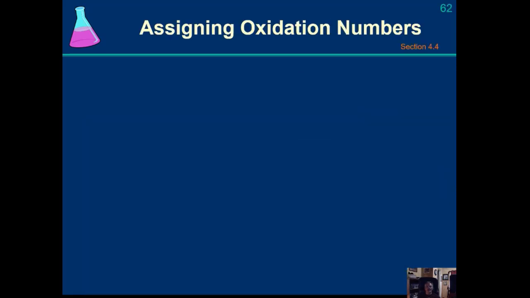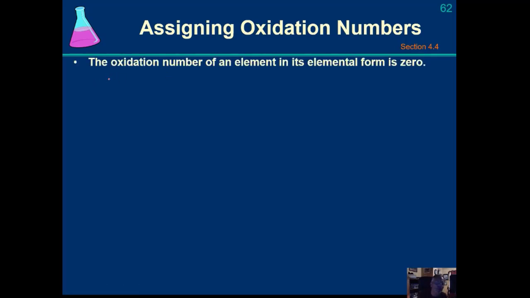Assigning oxidation numbers. All right, the oxidation number of an element in its elemental form is 0. Let me show you what that means. So if you have iron or magnesium or chromium or silver or gold or any other element that's monoatomic and by itself, these all have oxidation states that are 0.